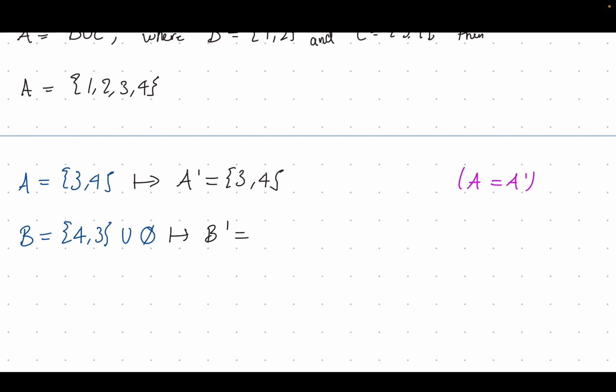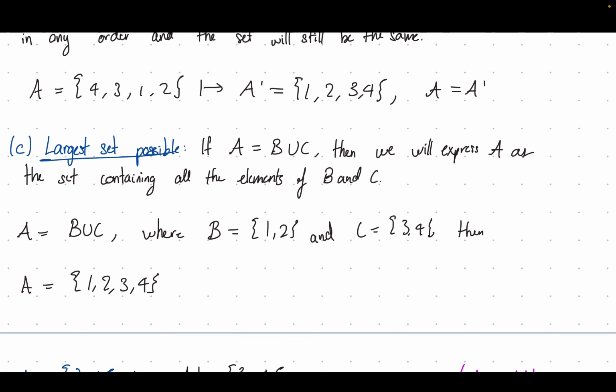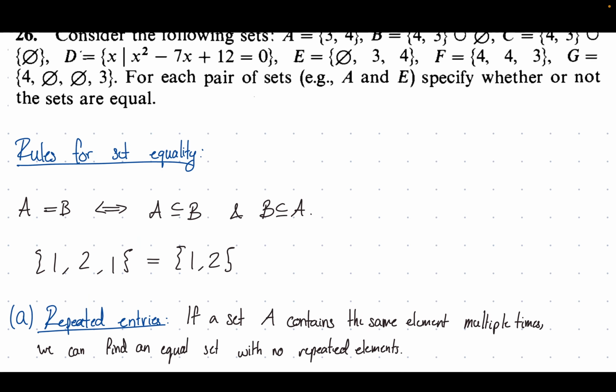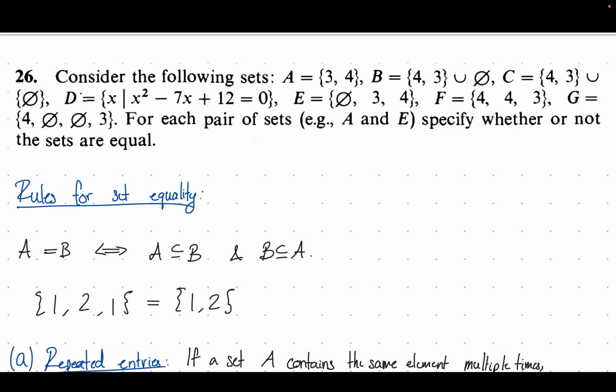First note that the empty set has no elements, so we can just get rid of this part. And then we can order 3 and 4 in their usual way, in an increasing fashion. That's the word I'm trying to look for. Sounds more professional and mathematical.